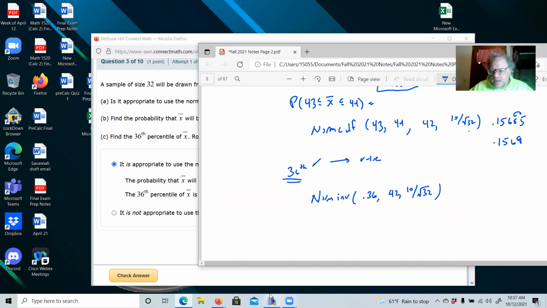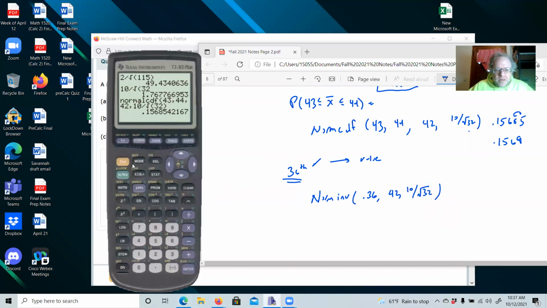So we're going to say second function, distributions, inverse norm, and we're going to take 0.36, comma, 42, comma, and then 10 over the square root of 32.